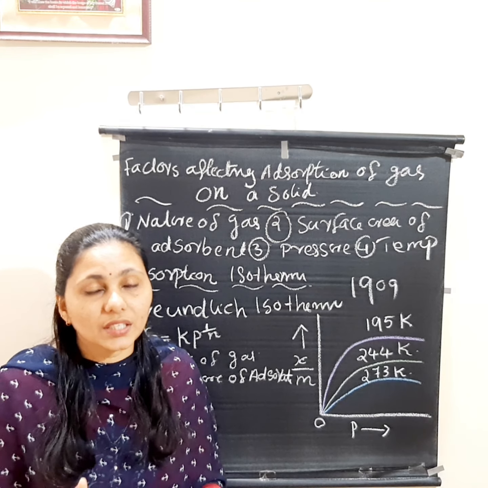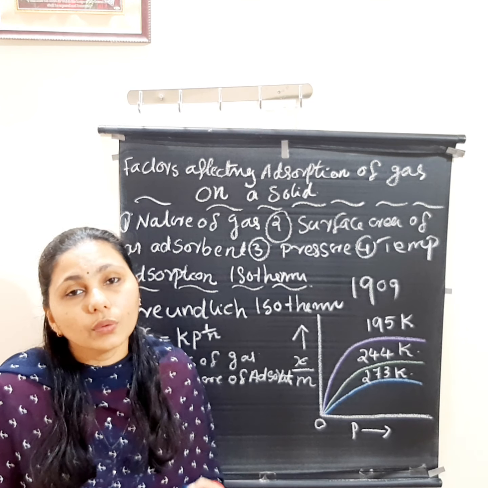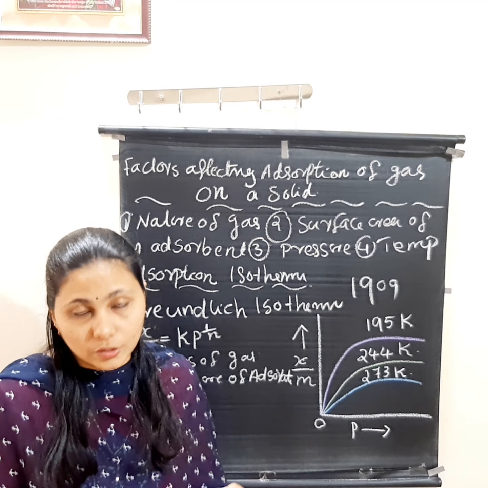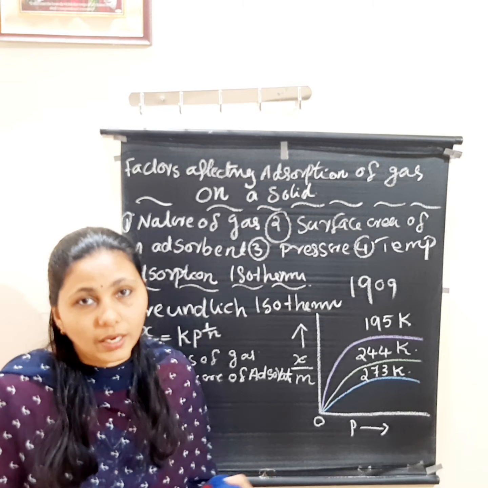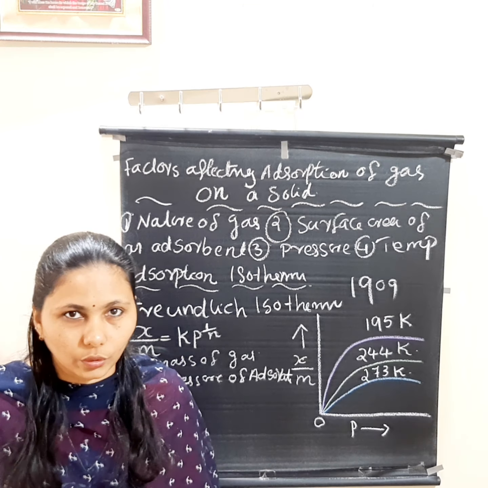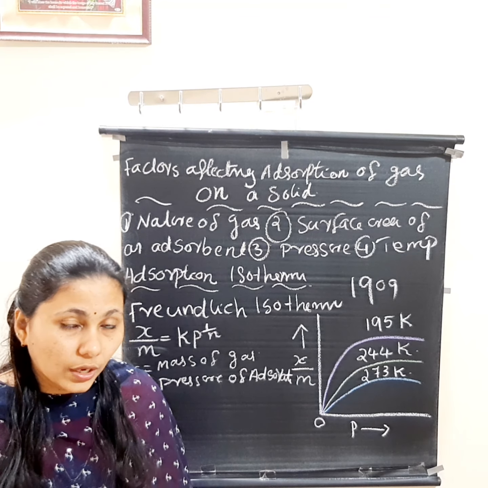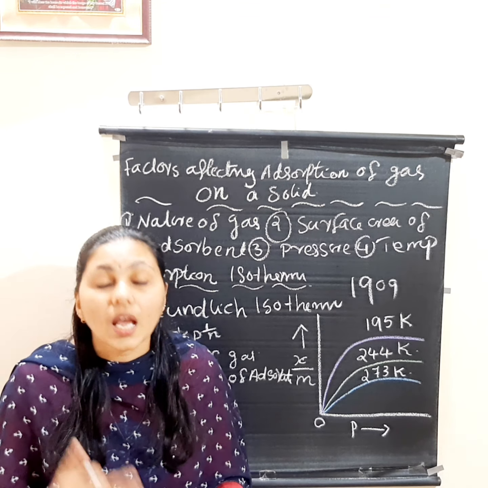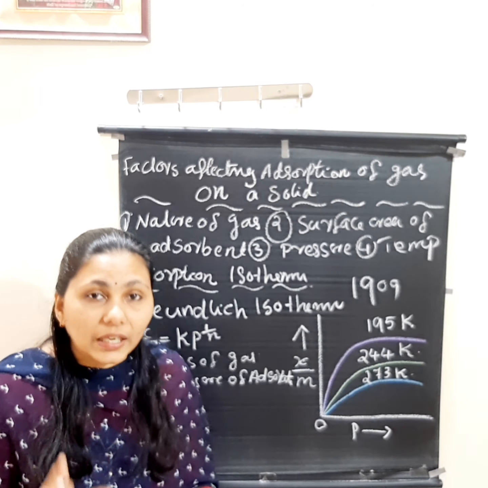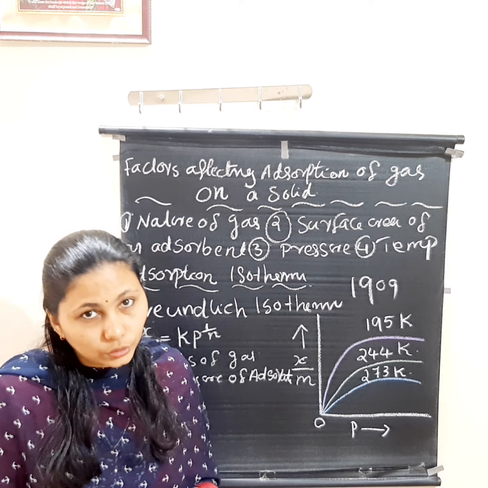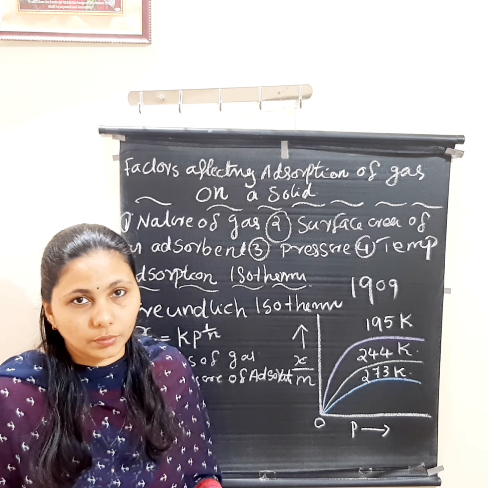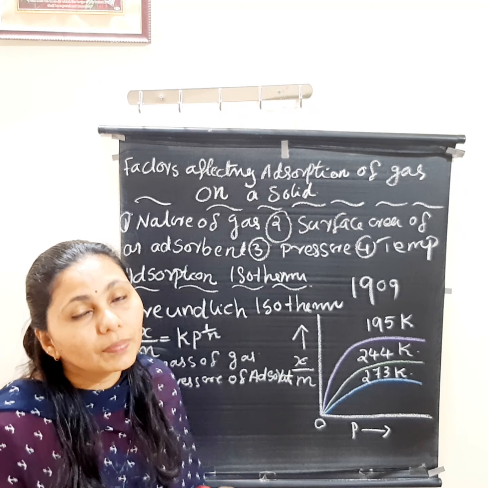That equation gives an idea of how the adsorption of a gas varies on a unit mass, that is, a particular amount of solid, with pressure at constant temperature. That mathematical expression is known as the Freundlich adsorption equation, Freundlich adsorption isotherm, or simply the Freundlich isotherm. So what is the Freundlich adsorption equation?